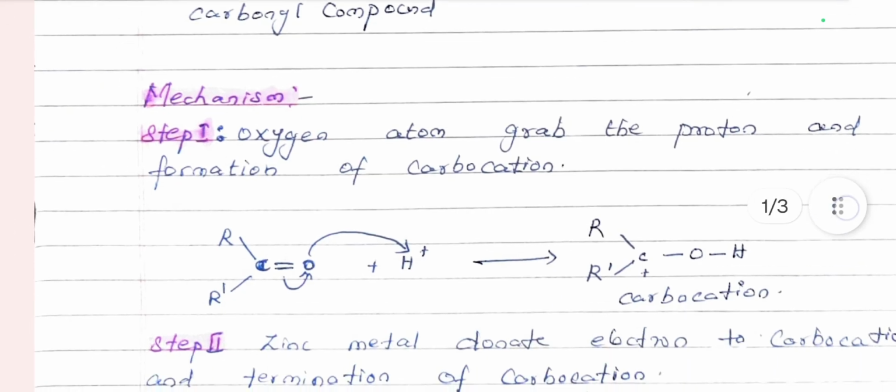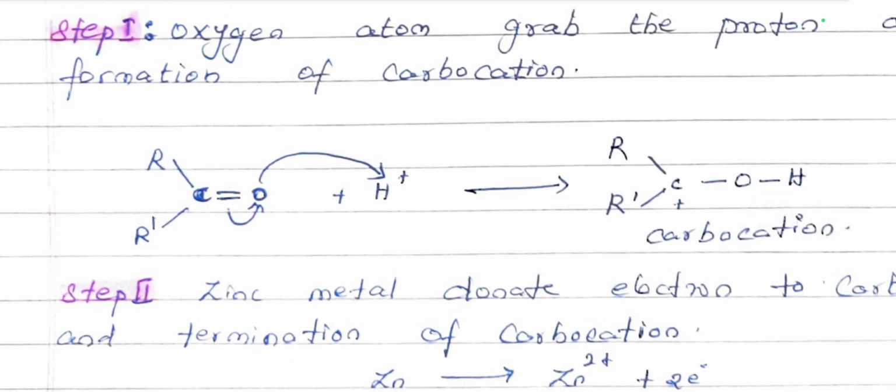The reagent, hydrochloric acid, produces a highly electrophilic H plus proton. When it is abstracted by the more electronegative oxygen atom, the pi electrons between carbon and oxygen are released and transferred completely towards the oxygen atom. Now the carbon has become an electron-deficient atom, a carbocation.